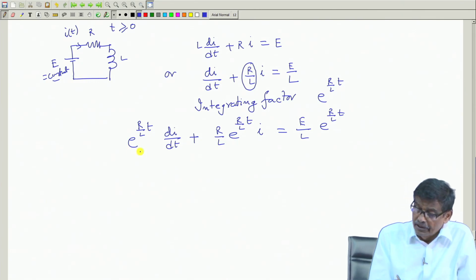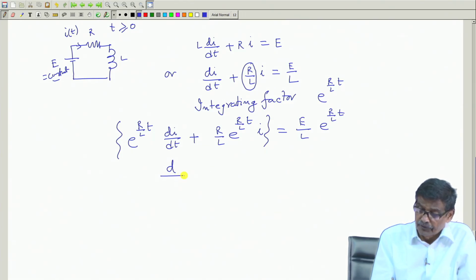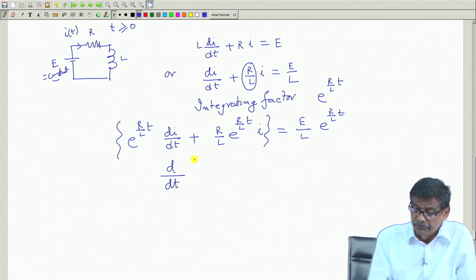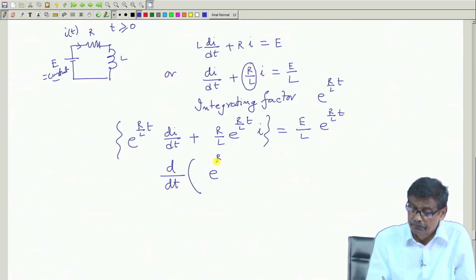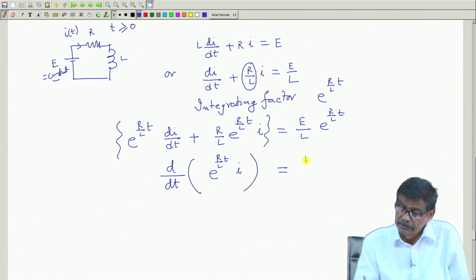Now, if you look at the terms on the left hand side, this is nothing but the differentiation of the product of these two functions, e to the power R by L into t into i, and this is equal to E by L into e to the power R by L into t.